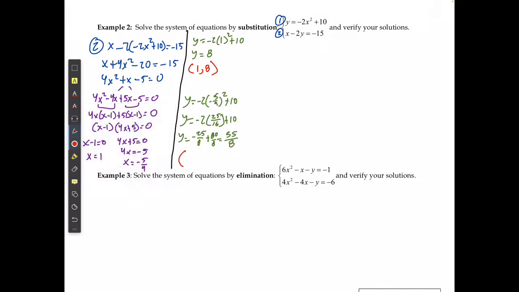So I'm going to have the other possibility, negative 5 over 4 and 55 over 8.